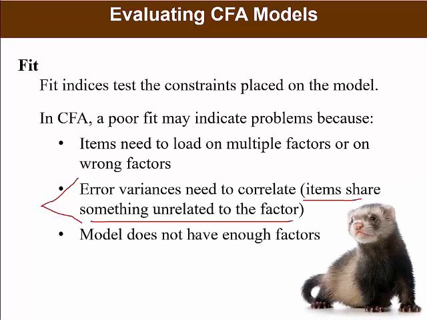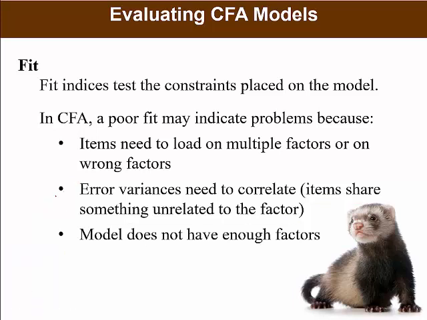We want them to be pure indicators of our factors and error variance and nothing else. So that would be somewhat of a problem if you have correlations between your residuals. And so if there actually are correlations between your residuals and you specify that there aren't any, which is what you should do in running a confirmatory factor analysis, then that could produce a poor fit.